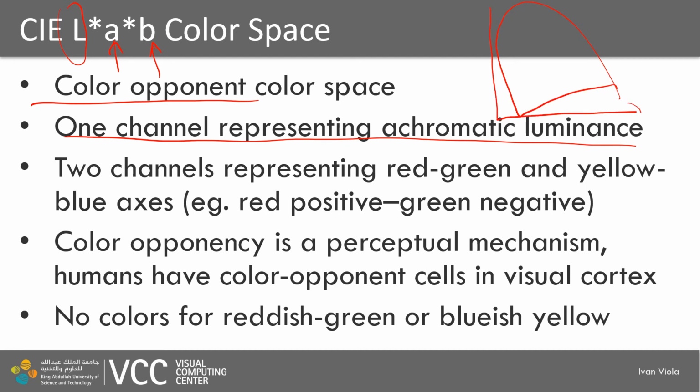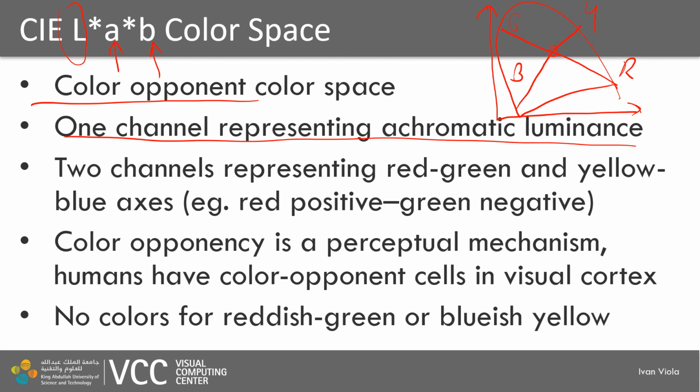So if you imagine our representation of the xy chromaticity diagram, in this we had before the absolute coordinates, if you like, of a certain point in this two-dimensional space. But in the LAB color space, we are basically interested in the position along one axis between green and red, and another axis between blue and yellow.